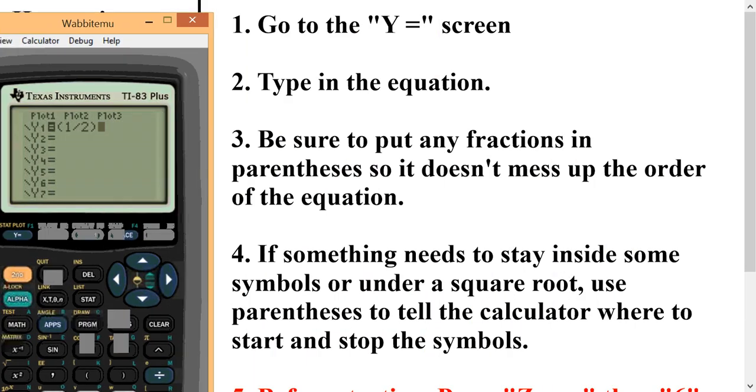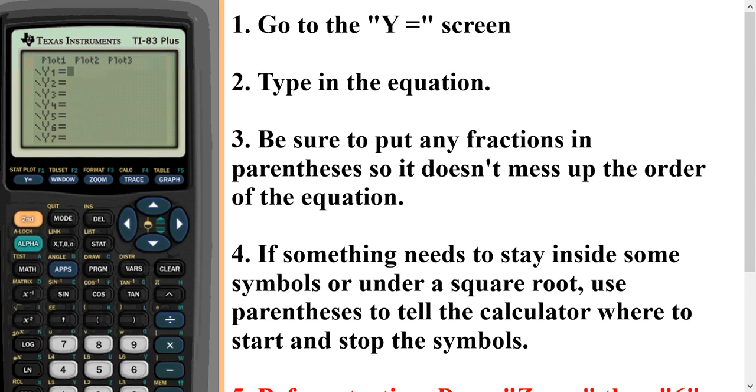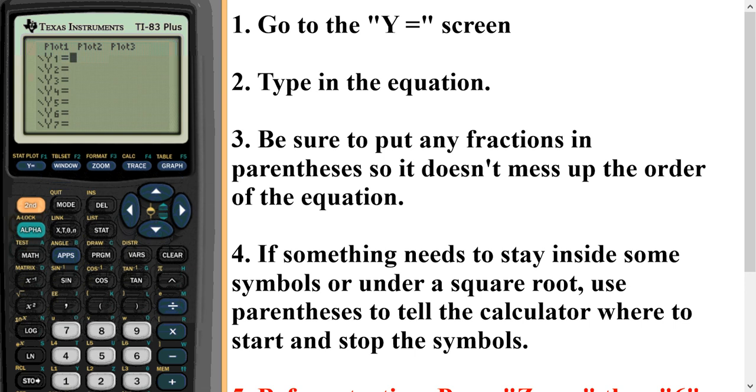If something needs to stay inside, like some symbols, or inside under a square root, then you have to use parentheses to tell the calculator where the symbols are supposed to start and stop. So for instance, if I wanted the entire x minus 3 to be under the square root, then I would go to second square root, which is right here.